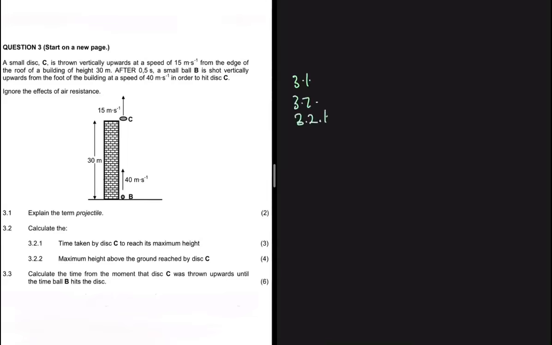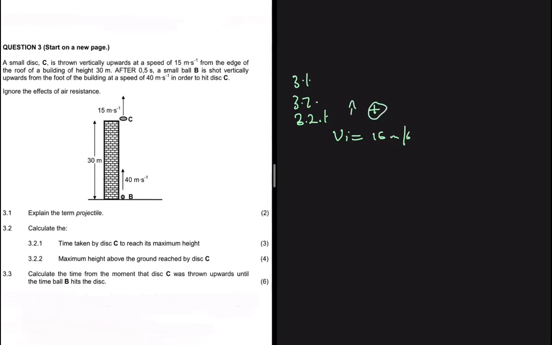3.2.1, we have a question saying let's calculate the time taken by disk C to reach its maximum height. So let's look through the information we have and see which formula we can pick, right? We can see from our sketch that disk C was thrown up with an initial velocity of 15 meters per second upwards, right? So let's take up as positive.